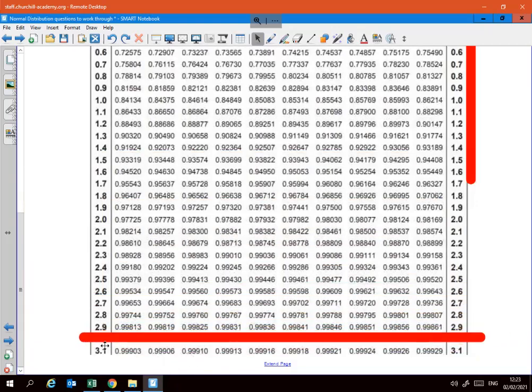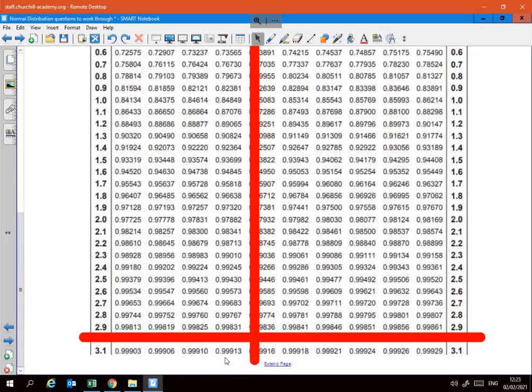I'm going to put a line above this bottom line here. 3.13, this will be 3.130, 3.131, 132, 133 is that one. So 0.99913, almost everything is less than 425.